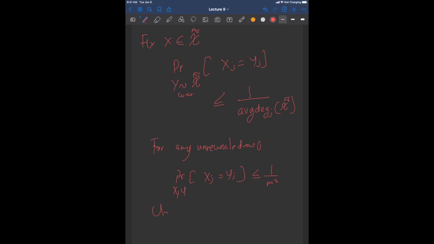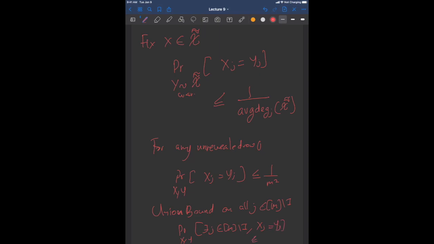And by a union bound on all j in m minus I, we can get that the probability that, if you sample x comma y, there exists j in m minus I where xj is equal to yj, is at most what?